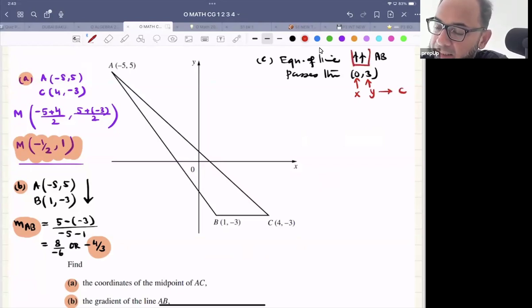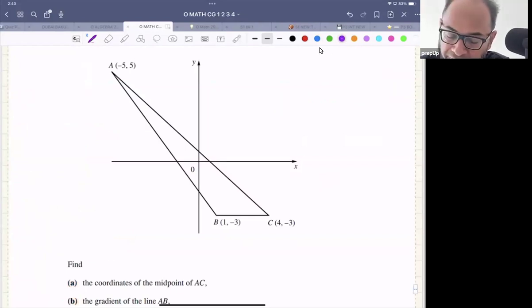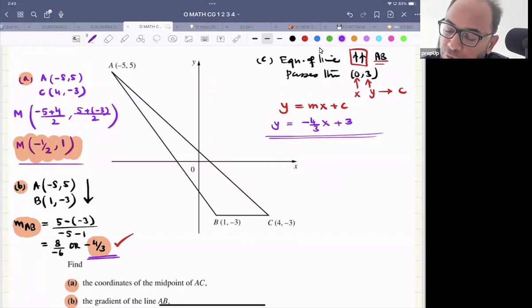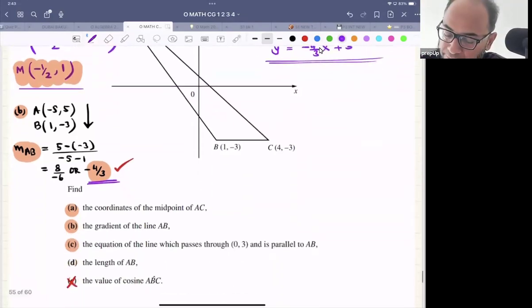And since the line is parallel to AB, therefore the gradient of AB is right over here. So y is equal to mx plus c. The value of m is negative 4 over 3, negative 4 over 3x, and the value of c is 3, and that is the equation of the line. Y is equal to negative 4/3 x plus 3. This line is parallel to AB and it passes through 0, 3. I hope this is all good, all clear.